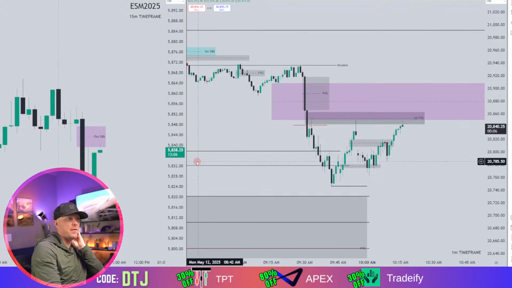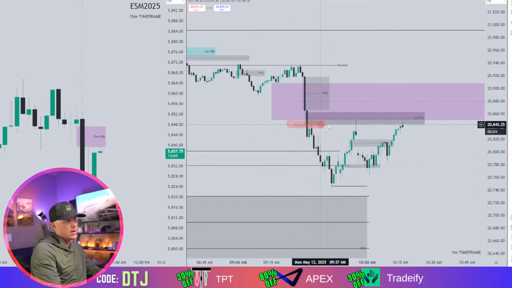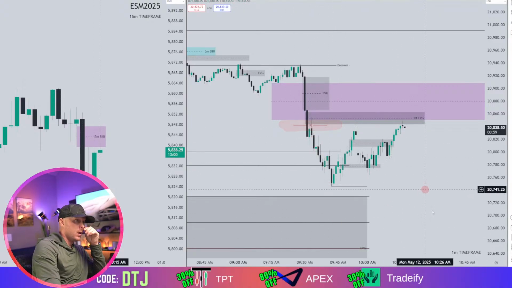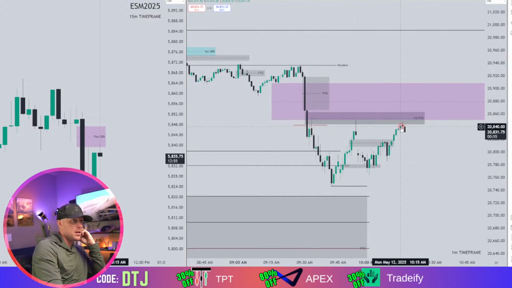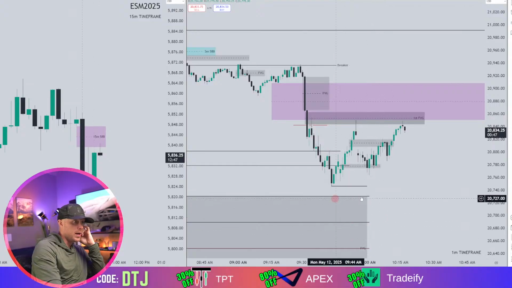Yeah, I have the 50% level right here. So that's what I'm saying. We could absolutely see a push into this. Let's see if it respects that first presented fair value gap. And if it wants to move lower, we've got liquidity points right here, the 3 a.m. fair value gap down here.